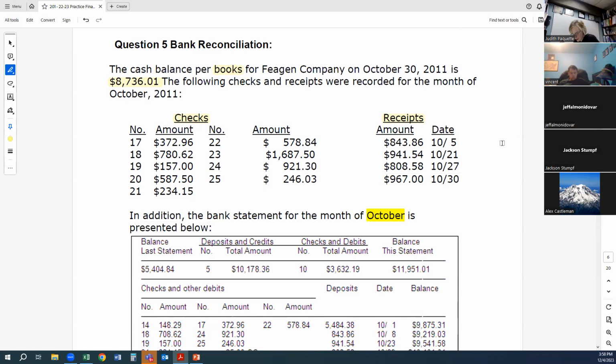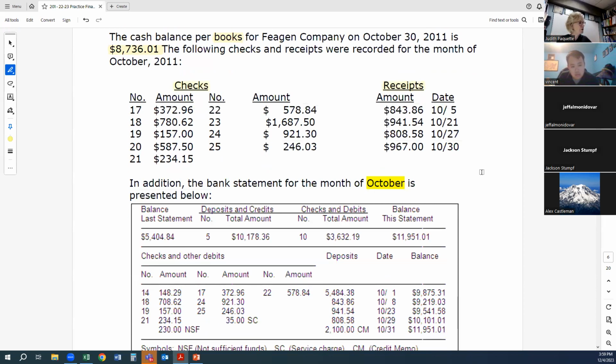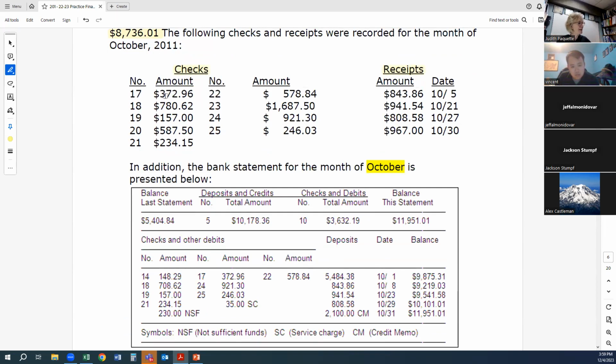So what you're seeing here is transactions that the company has already booked in their T accounts, okay? So what you do is you go line by line and you say, check number 17, did it clear the bank? Yes, it did. And down here on the bank statement, they're showing checks.